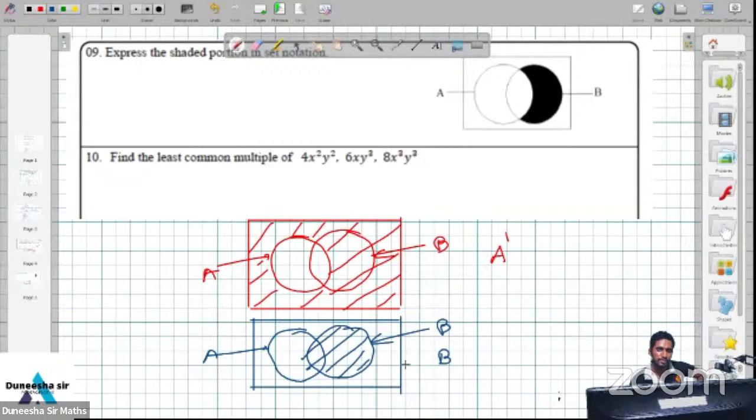Then you have to express what it is. මෙන්න මේ area එක මොකද්ද කියලා තමයි අපෙන් අහන්නේ. මෙන්න මේ area එක. Can you find out what is this area?